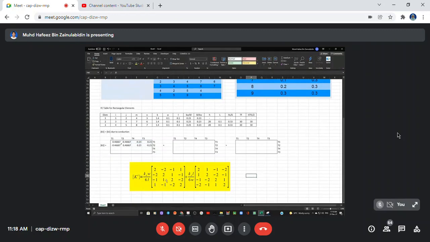This part equals this part: minus 1, 1, 1, minus 1. Control Shift Enter. Then change the decimal places. Okay, that's fine.